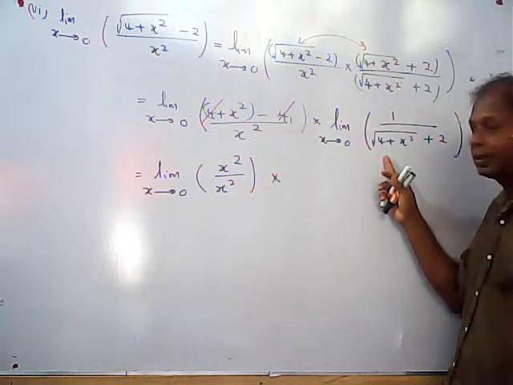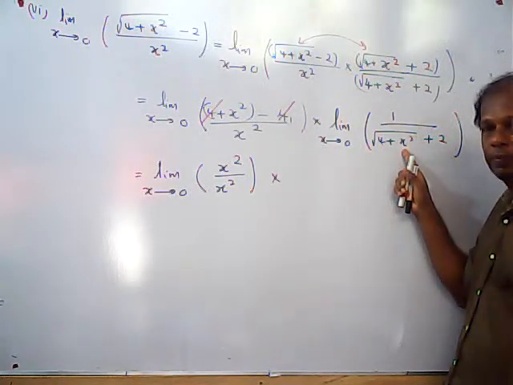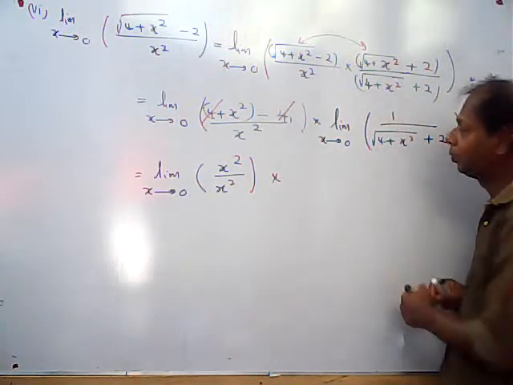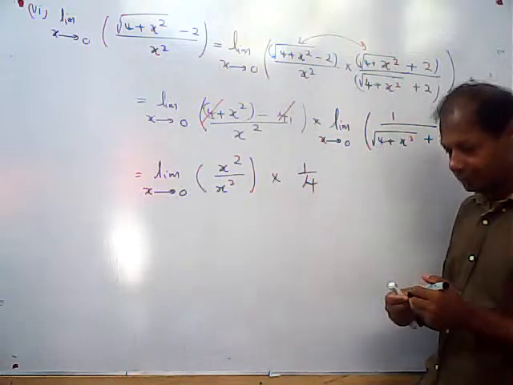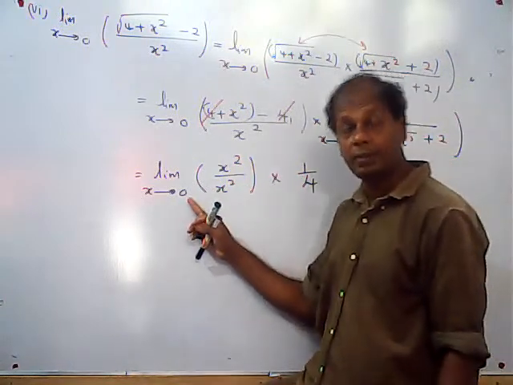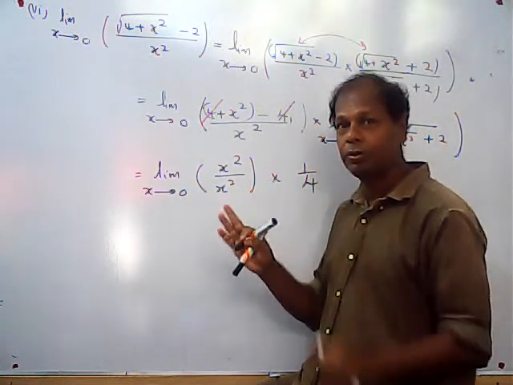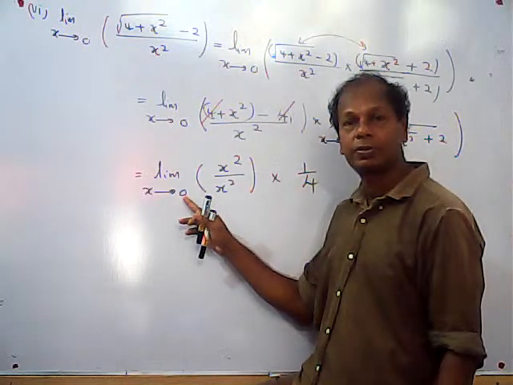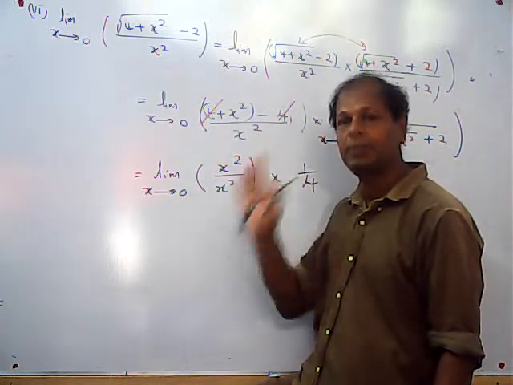You can take the limit of this part directly. As x goes to 0, that will give 2 plus 2, that means 1 over 4. In this, we want to see what happens as x goes to 0, right? Not at x equals 0. So if you remember, we discussed many times, the limit as x goes to 0 does not mean anything happening at 0.